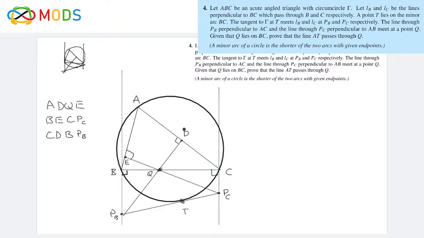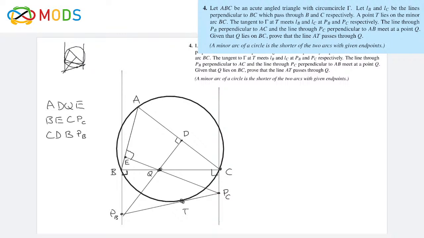Wait, is DEBPC cyclic? I don't think so.